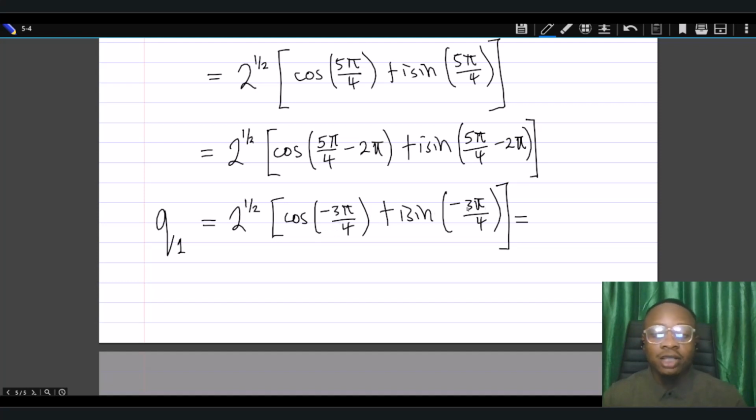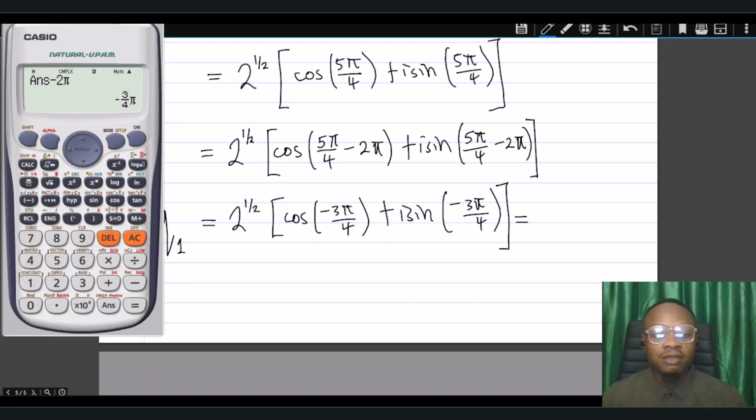We might want to check out if this can actually give us a simple algebraic form, maybe in surd form, or just give us actual integers so that we can write out the result directly. So let's see what cosine of this answer will be. Let's say cosine of the answer we just obtained, plus i multiplying the sine of the same answer.